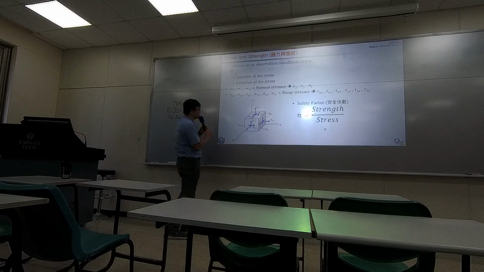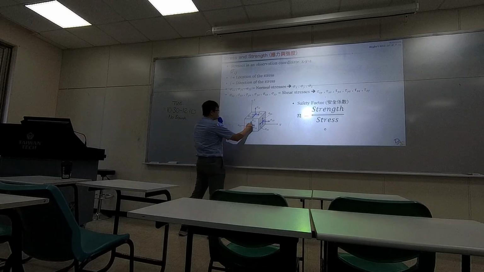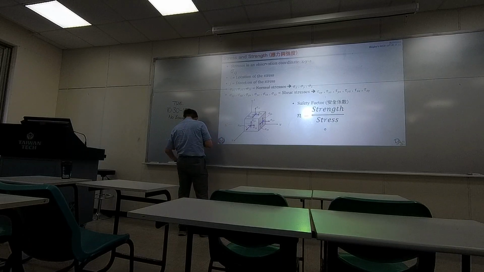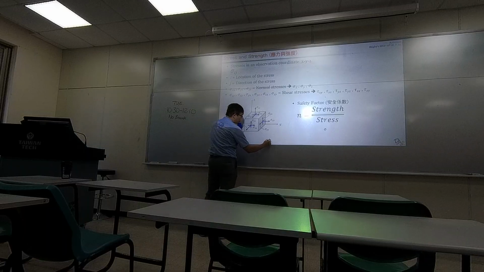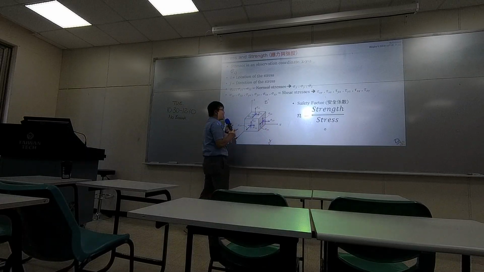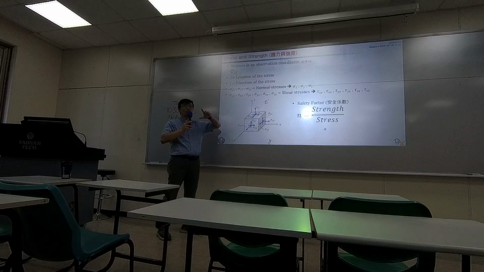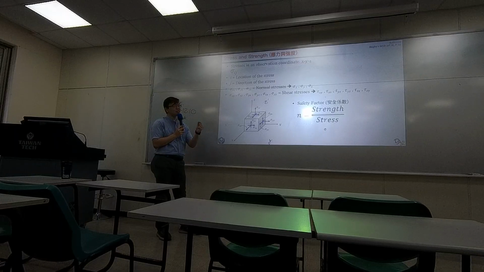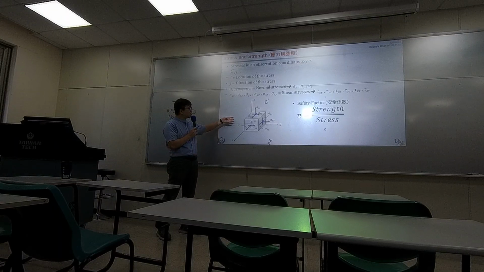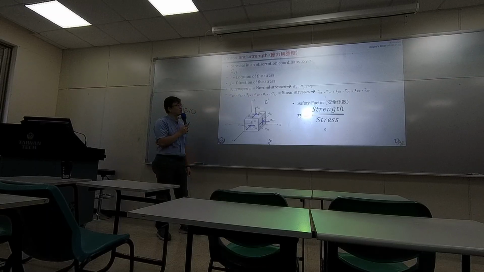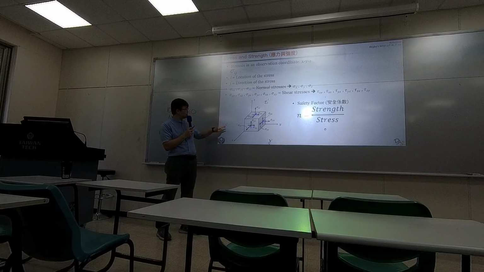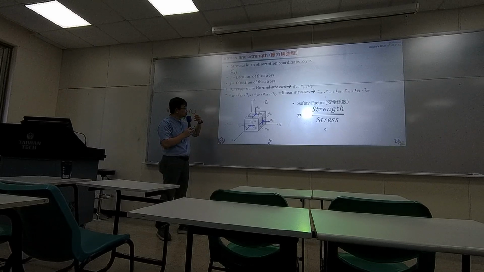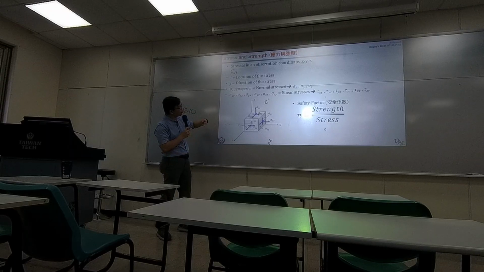So what I mean is, if you rotate your coordinate in this direction, let's say this is x prime, this is y prime, and this is z prime. And usually when we draw a box, it doesn't mean the element is a box. It's actually a dot, a small point. So when you view this exact same point inside the material in a different orientation, x prime, y prime, and z prime, you are basically tilting your head and trying to view it in a different way.